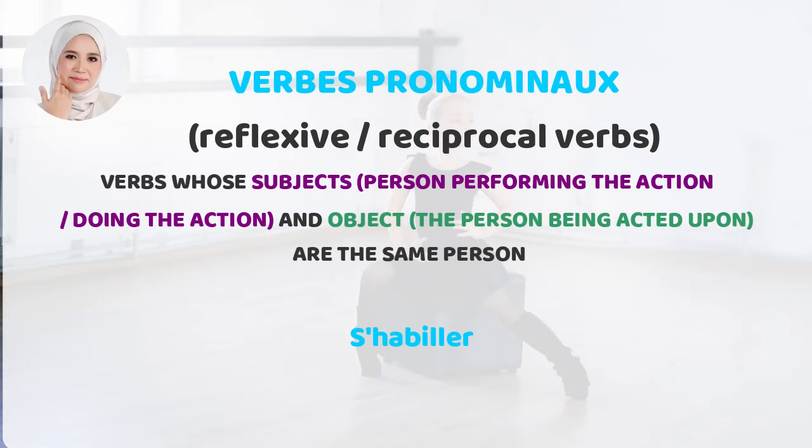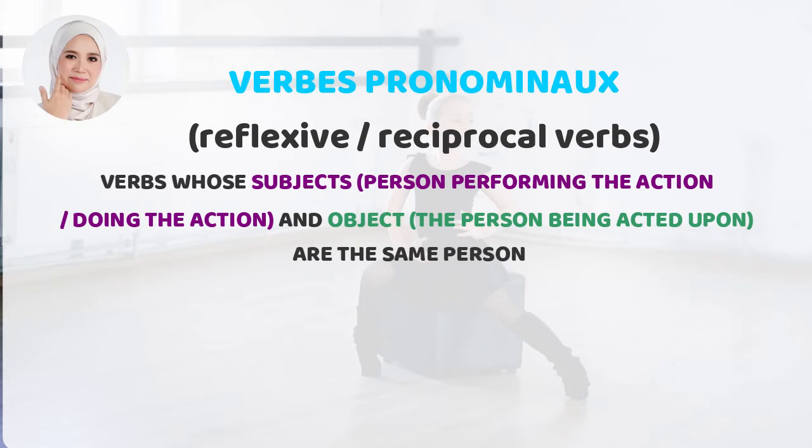Now, let's look at the meaning or the definition of the verb pronominal. The verb pronominal is the verbs whose subjects, the person performing the action or doing the action, and the object, the person being acted upon, are the same person. So you have two things here, subject and object.